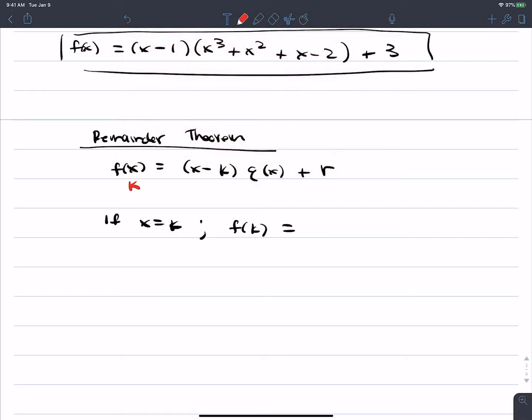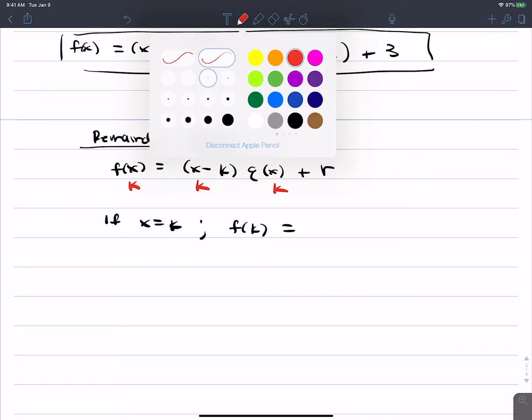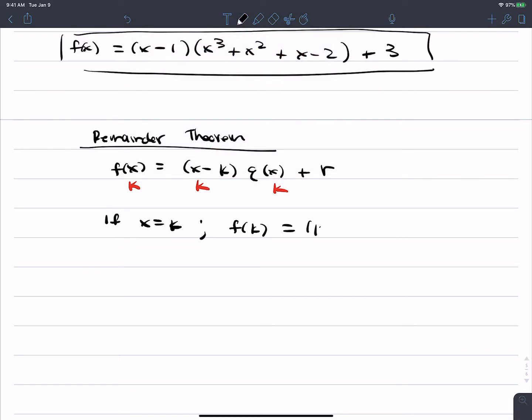If I plug in k for x, wherever there's an x, I plug in k, I'll get k minus k, q of k, plus r. So what this means is f of k will equal my remainder.